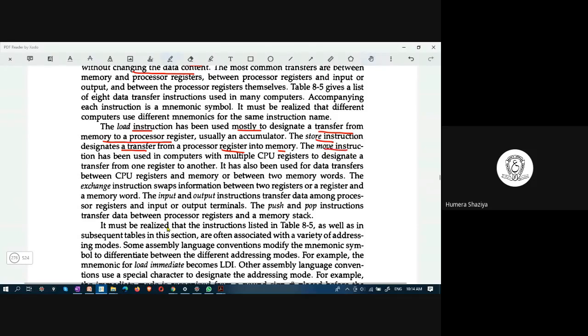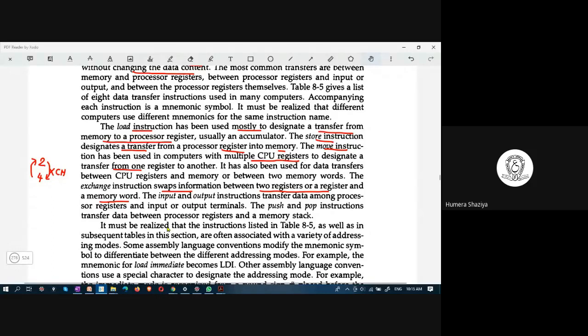Move instruction has been used in computer with multiple CPU registers to designate transfer from one register to another register. Exchange instruction swaps information between two registers or a register and a memory word. If in memory it is 2 and in register it's 4, if you call XCH exchange, 4 would go into memory, 2 would come to register.